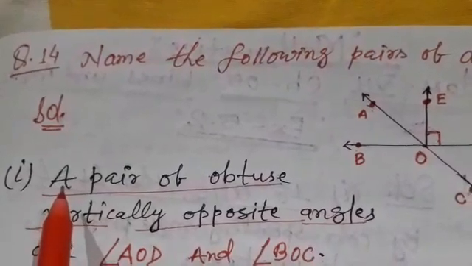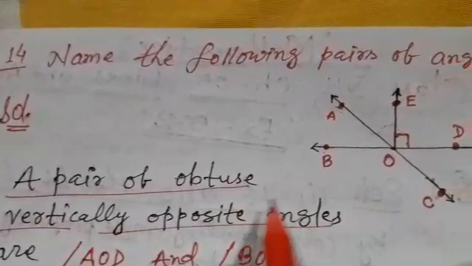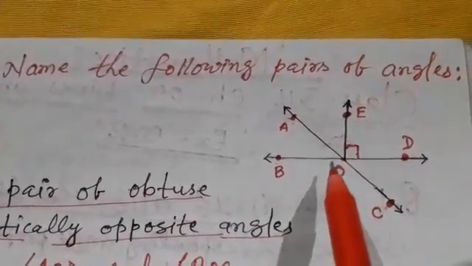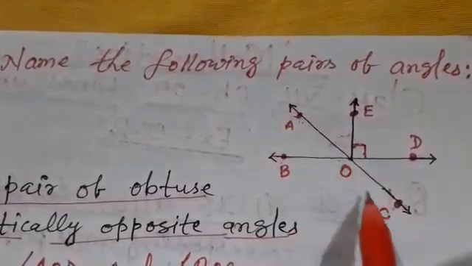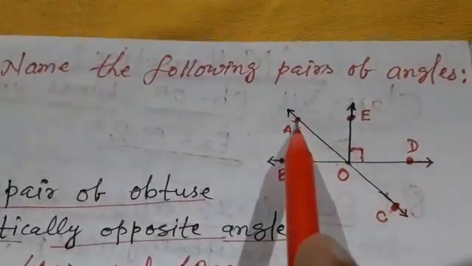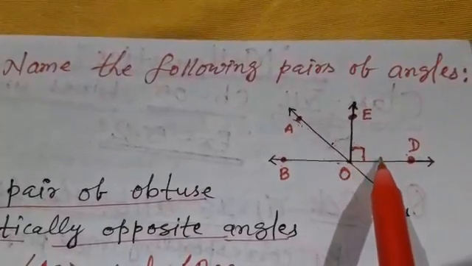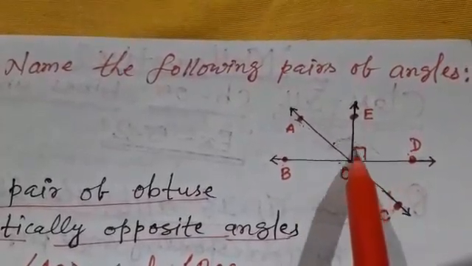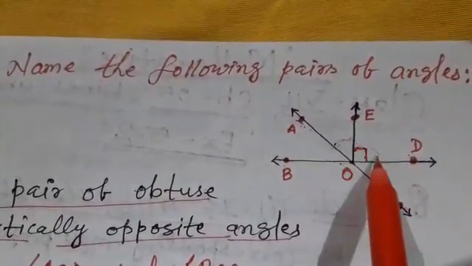First question is obtuse vertically opposite angles. Dear students, here we see angle AOD is an example of an obtuse angle because the value of this angle is more than 90 degrees.